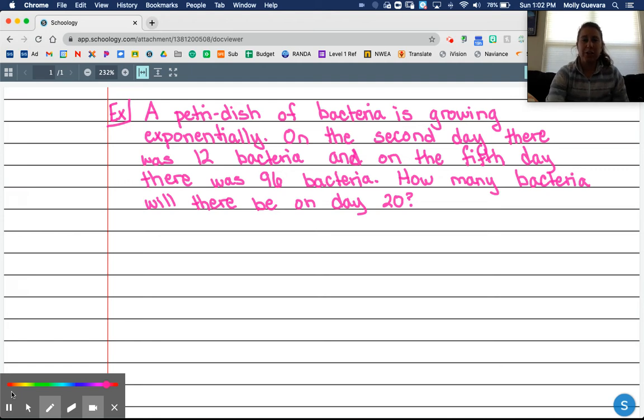It says a petri dish of bacteria is growing exponentially. On the second day, there was 12 bacteria, and on the fifth day, there was 96. How many bacteria will there be on day 20? So since I know it's growing exponentially, I know that I'm going to have to use that equation of a times b to the x.